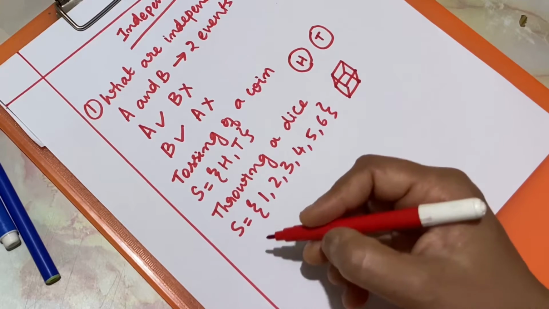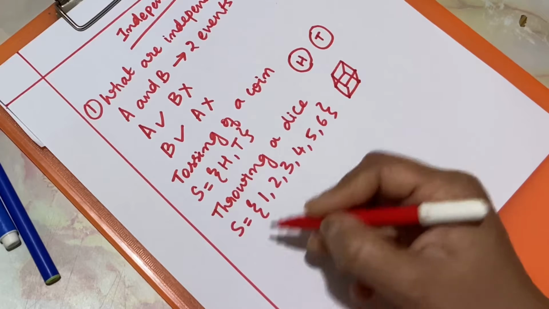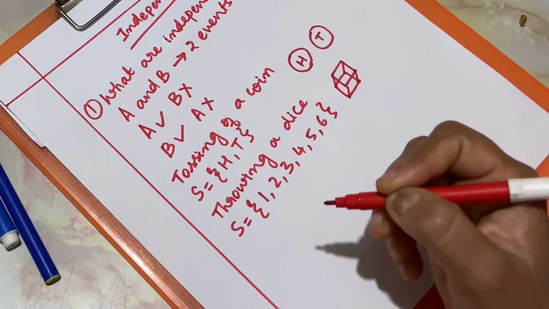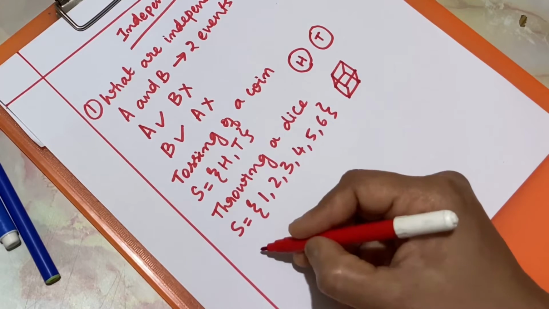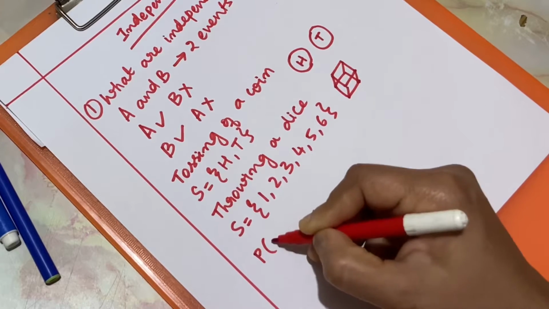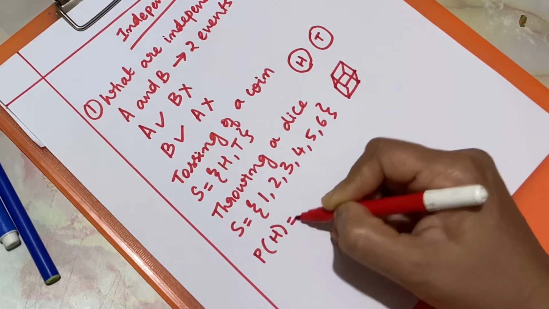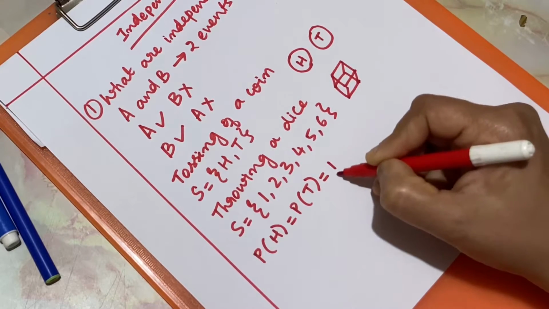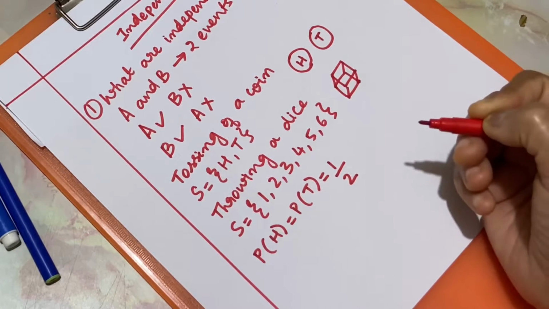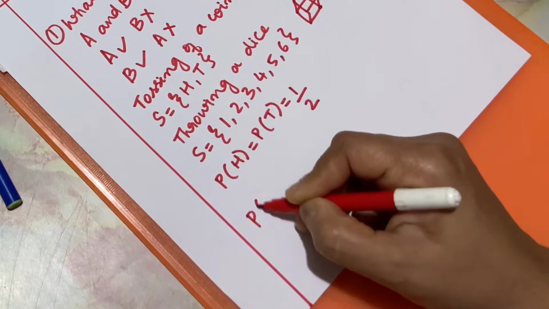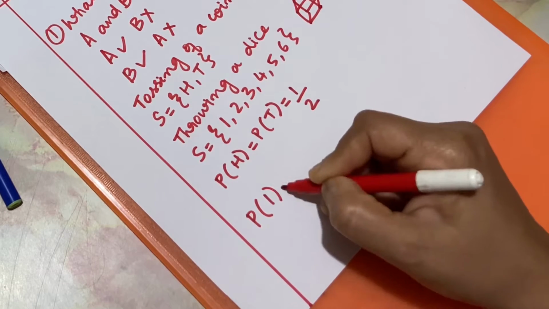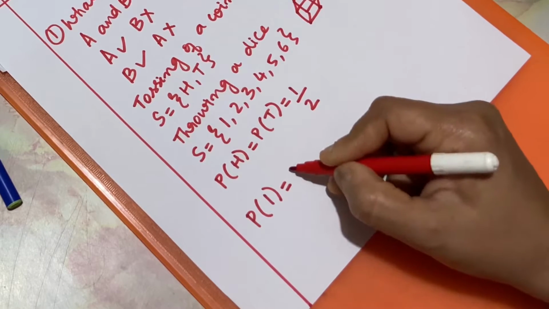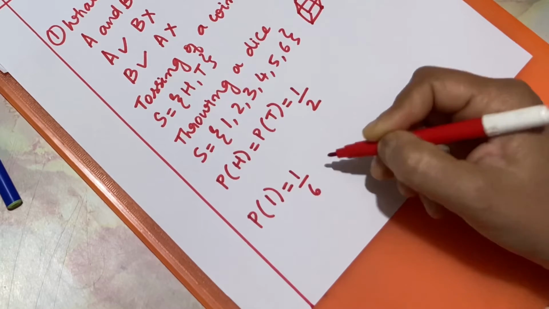Now, what is the probability of getting a head or a tail? It is 1 by 2. Now, what is the probability of getting 1? It is 1 by 6.